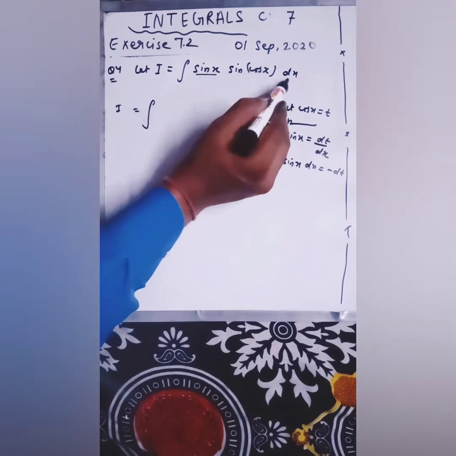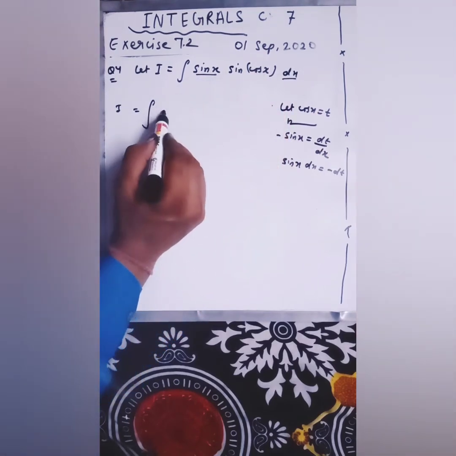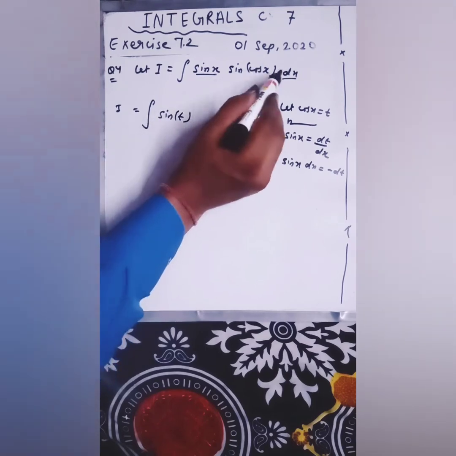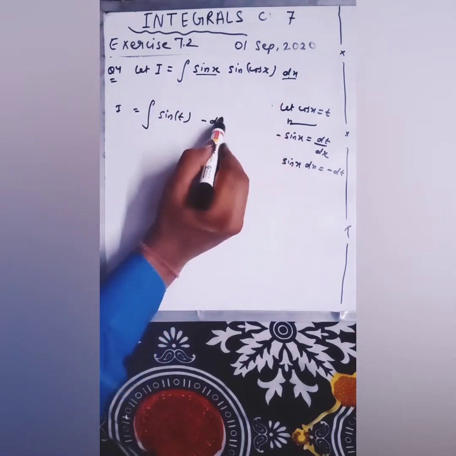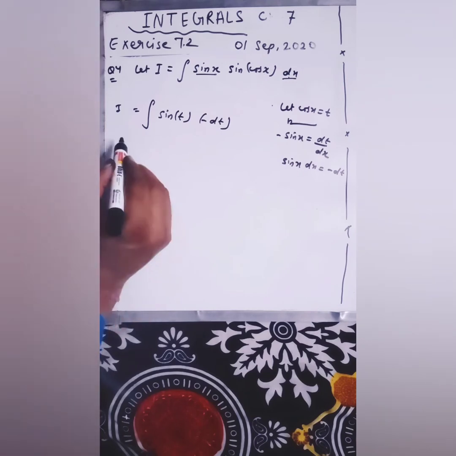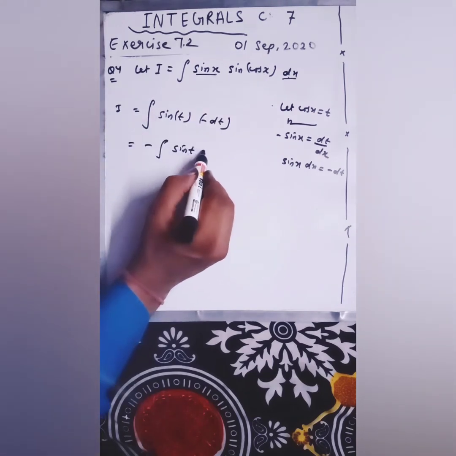This sin x into dx is your minus dt, and cos x is t. At the place of sin x and dx I'm writing minus dt. Like this, this minus sign will come outside of this integration, sin t dt.